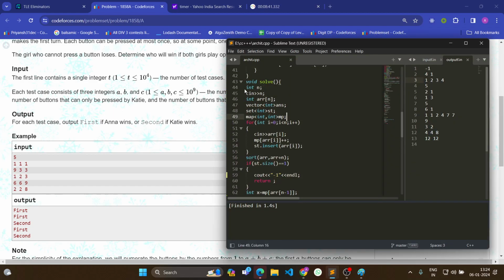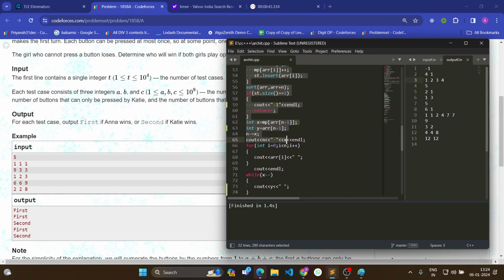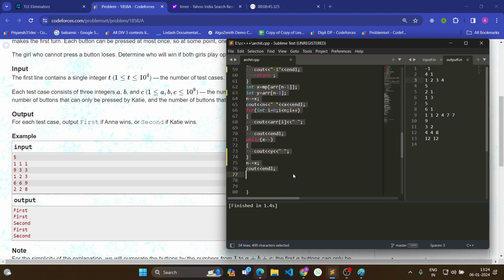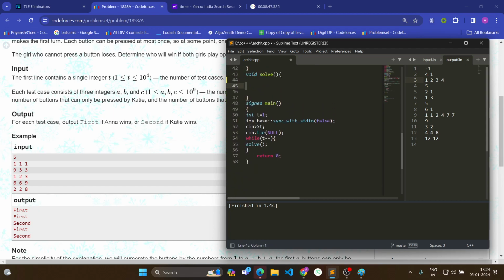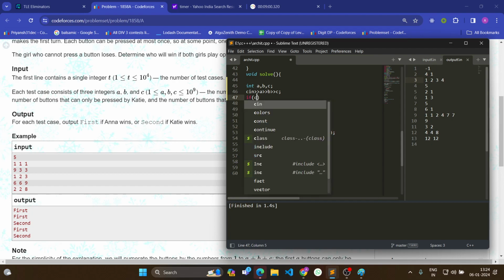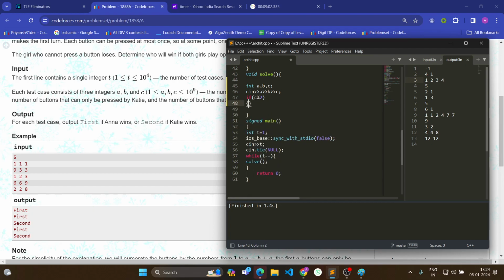It's basically saying that you just take the values as input, int a, b, c, all of which are at least 1. So what I'm doing is, if c mod 2, then as you saw, Anna gets one more chance, and Katie's count decreases by one.